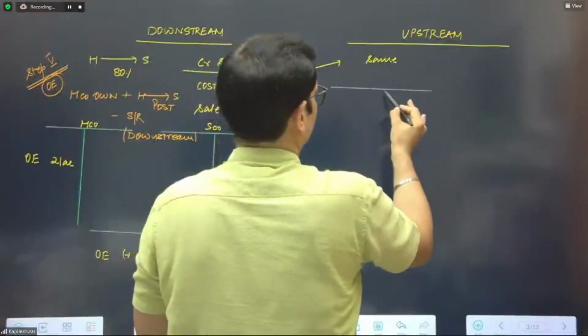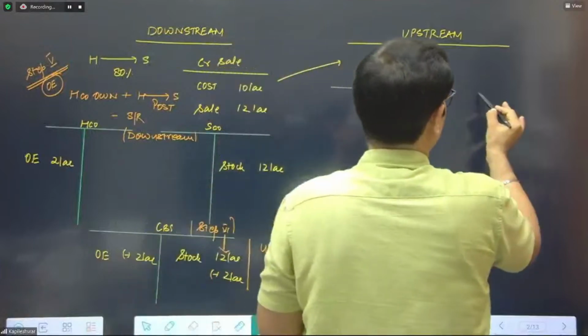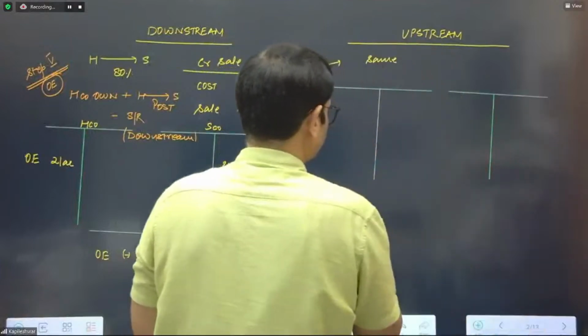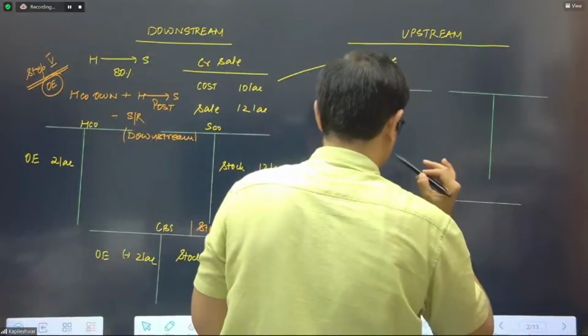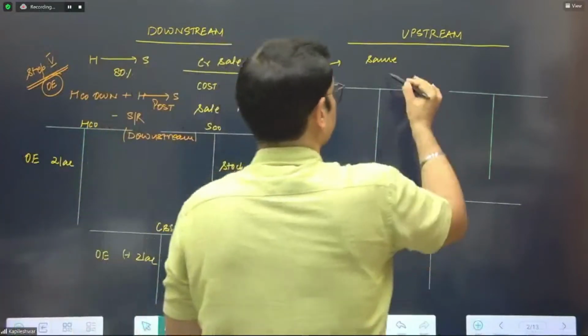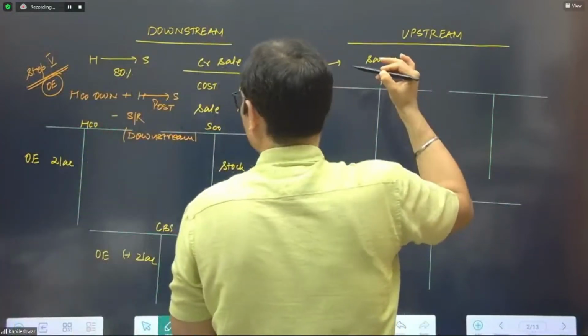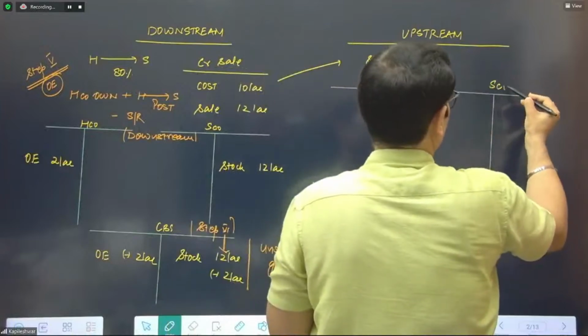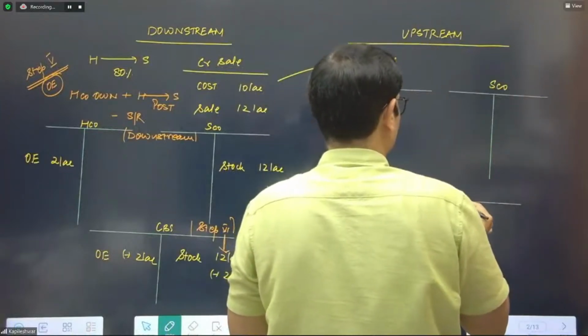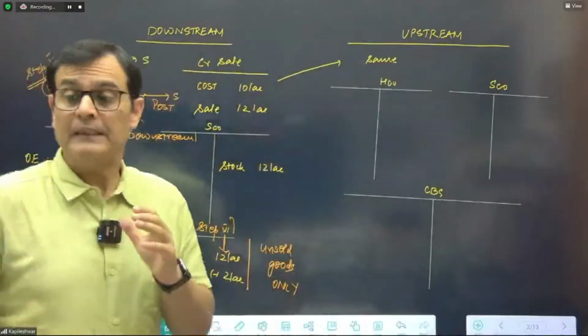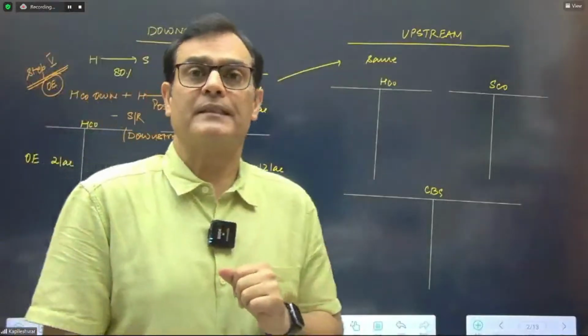So this is the balance sheet of the parent. This is the balance sheet of the subsidiary. And this is, let's say, the consolidated balance sheet. So holding company's balance sheet, subsidiary company's balance sheet, and a consolidated balance sheet. Now let's consider a visualization.